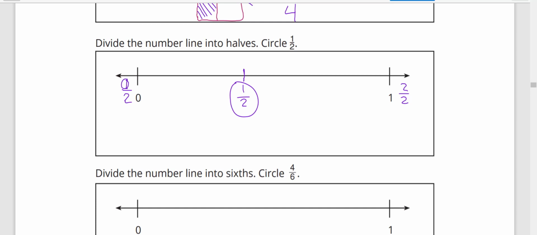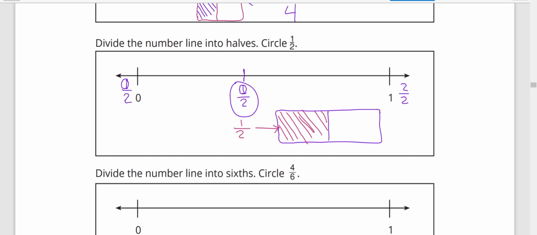Draw a model: one whole divided into 2 equal parts and shade 1 part, like this. This part is called one half.